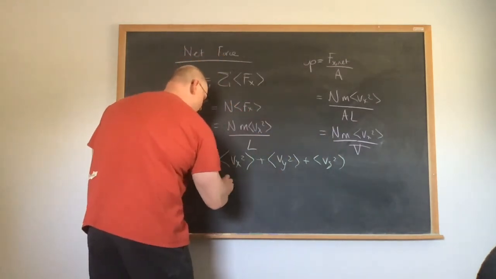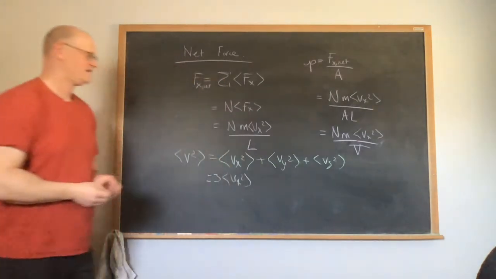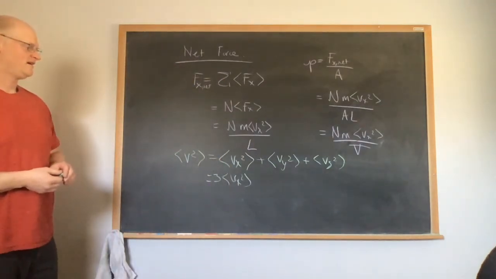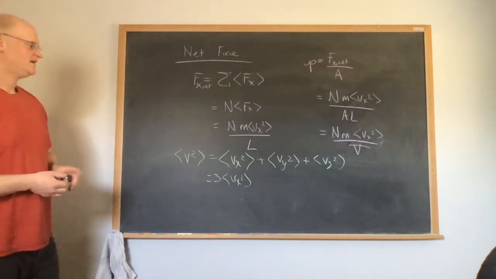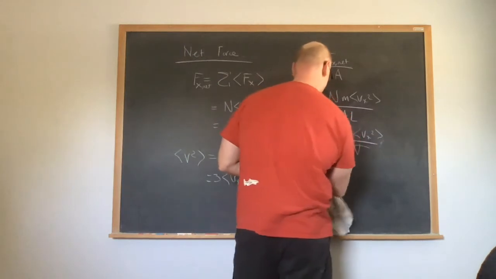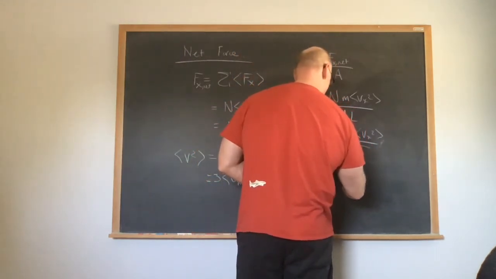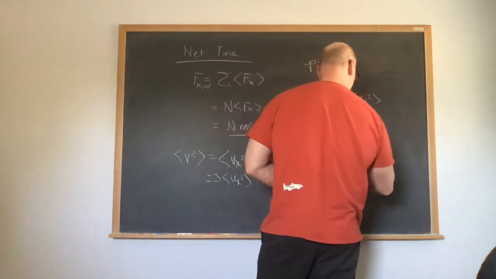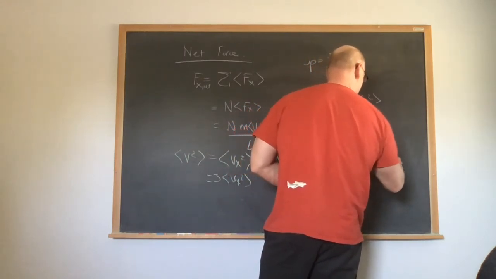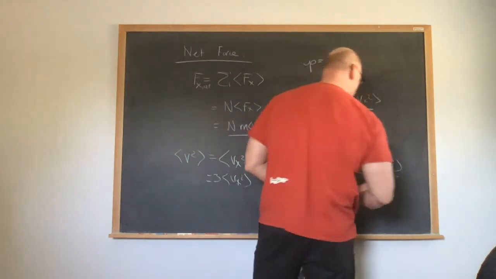So this is going to be equal to 3 times the average of the x portion squared. Using this, I can rewrite this piece for now as 1/3 of the number of molecules times m times the average of the square velocity, divided by the volume.